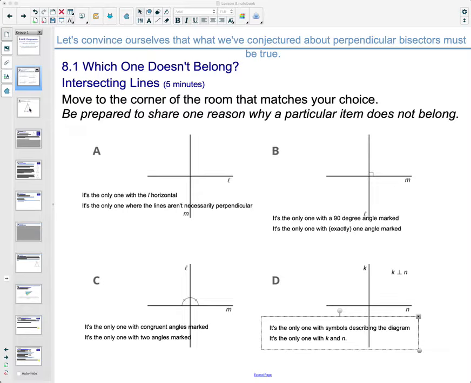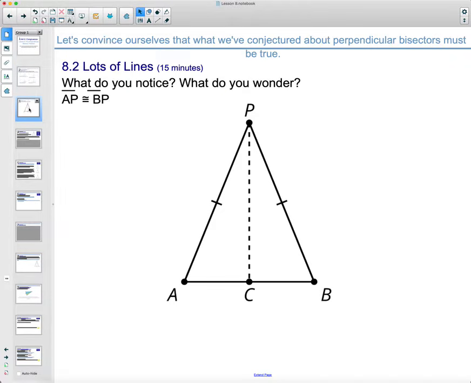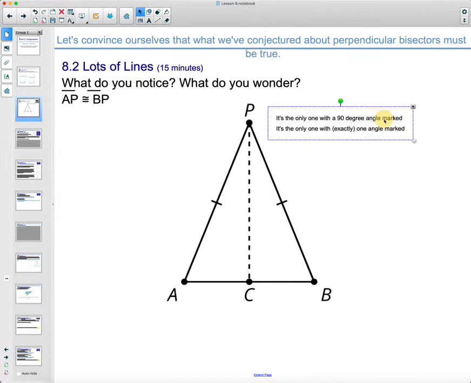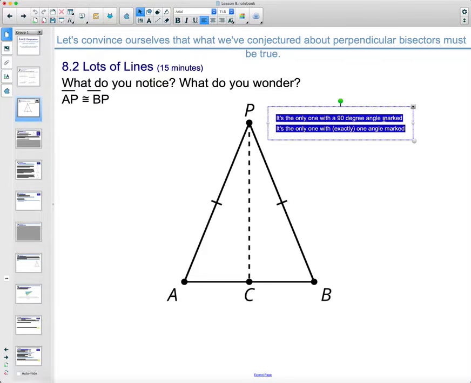All right, so let's take a look at 8.2. What do you notice and what do you wonder in this one? Take some time just to look at that. Again, you could come up with a variety of different things here. So maybe you said some of these things.